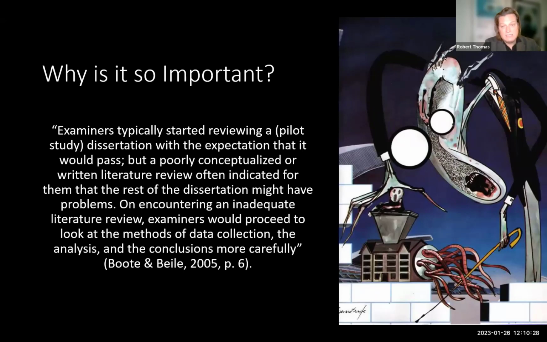And for us as markers, as academics, as mentors, a poorly conceived or poorly written literature review will unequivocally have a detrimental effect on the whole work, because this is where you are able to develop your linguistic skills, your metacognitive skills, demonstrate a breadth of reading, and demonstrate that you have the ability to engage in argument and present argument. But more importantly, a well-written review, as I said earlier, will permeate all of the other sections that you invariably collate. And that's good news.